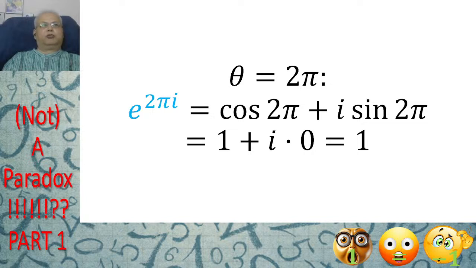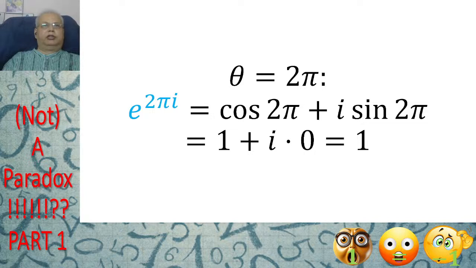That is cos 2 pi plus i sin 2 pi. Cos 2 pi is 1, sin 2 pi is 0. Therefore it is 1 plus i into 0, which is 1. So we can say e to the power 2 pi i is equal to 1.